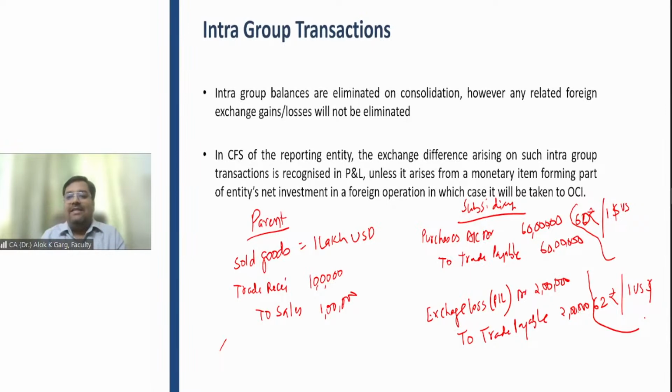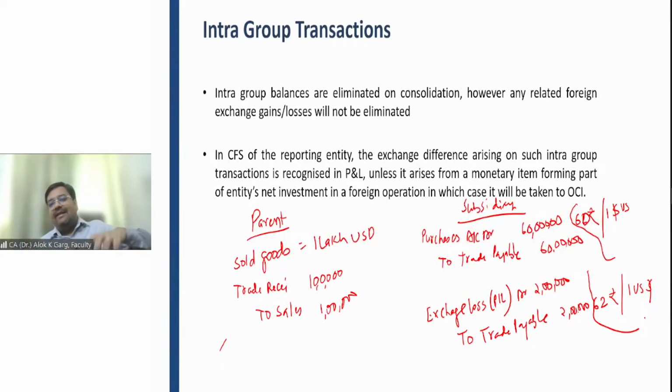Now the consolidation is happening. So first of all, this subsidiary has to translate its INR books into US dollar, right? So when subsidiary will translate this trade payable of 62 lakh rupees at the closing rate, it will become 1 lakh US dollar, right?